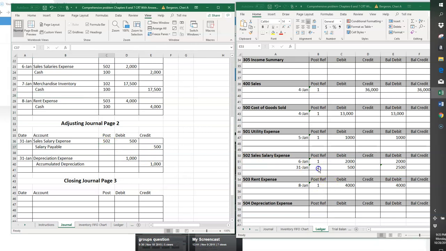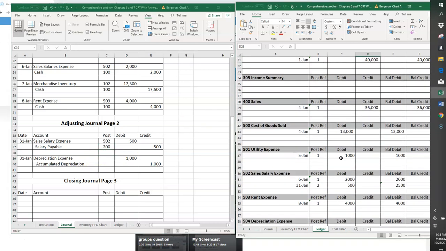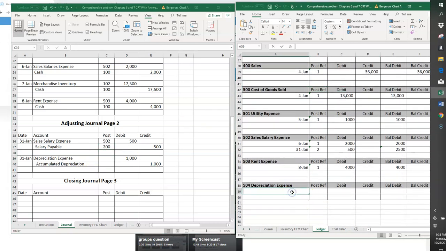All right, salary payable is a liability. So on January 31st, I credited it for $500, so my balance is $500, and I went to account number 200. My depreciation expense is an expense, and so on January the 31st, from page 2, I debited it for $1,000, so my balance is $1,000.